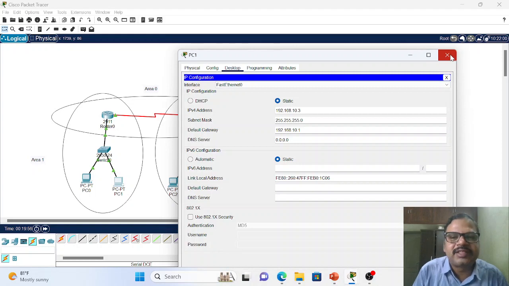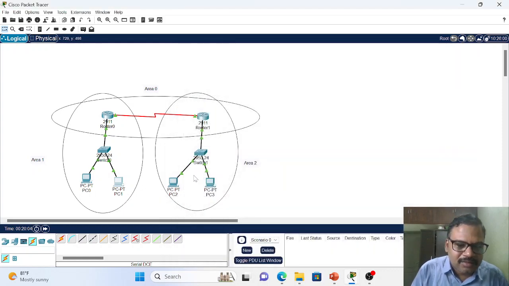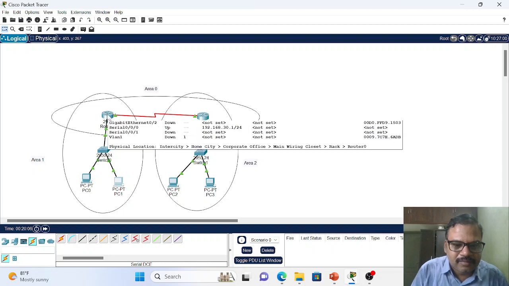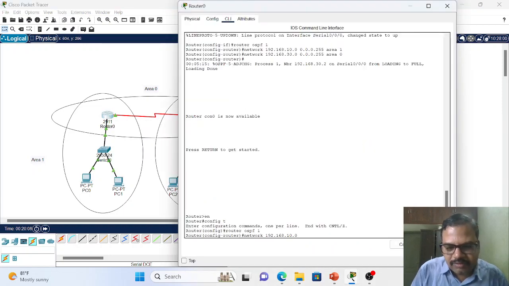So if I'm assigning 10.2 and 10.3 for the PCs, you may understand the network ID is 192.168.10.0. Now we have to give the wildcard mask address, 0.0.0.255. Now we have to specify the area.